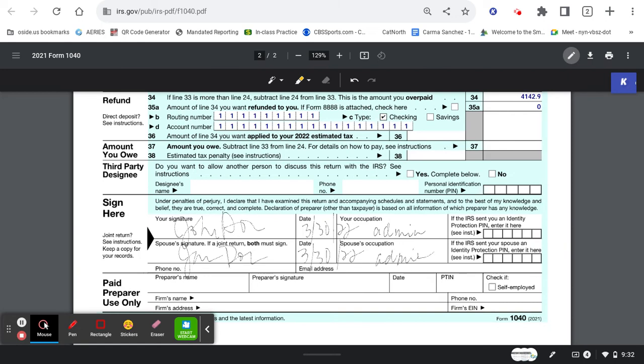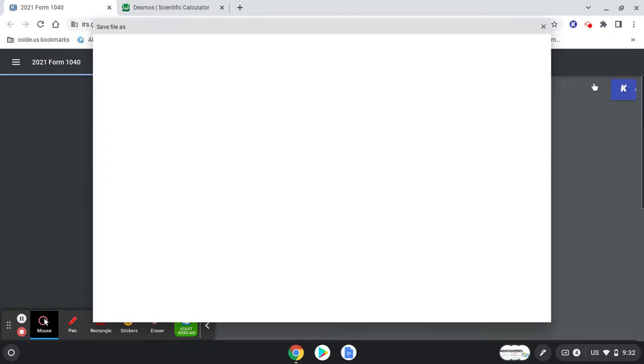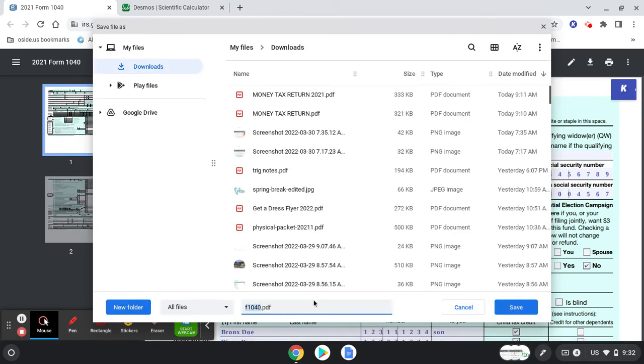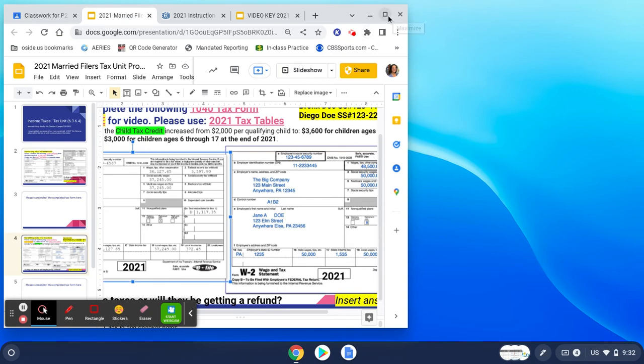And our tax return is done. Also getting a refund. Remember to save this with your changes as a PDF. And then we go in and attach it to the bin. You're all done.